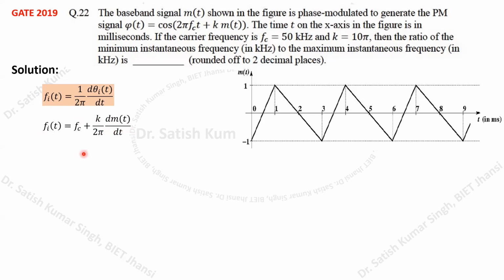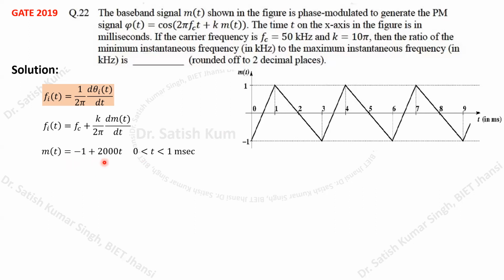Now, based on the given waveform of m(t), we can write its mathematical form. In the duration between 0 and 1 millisecond, m(t) can be written as -1 plus 2000t.